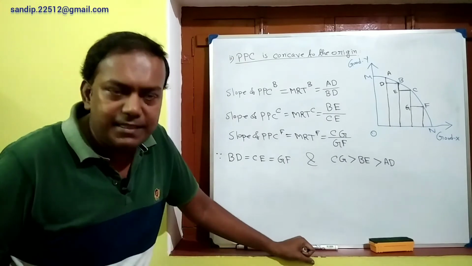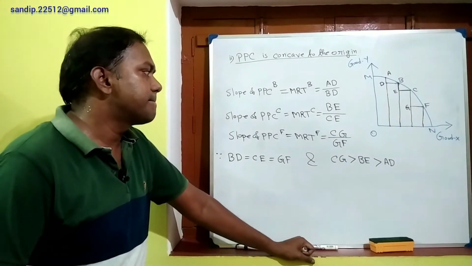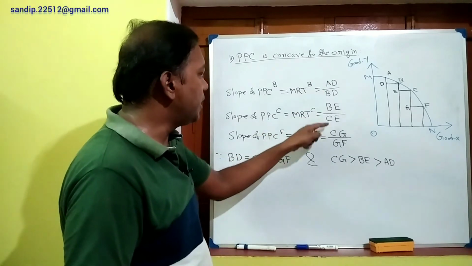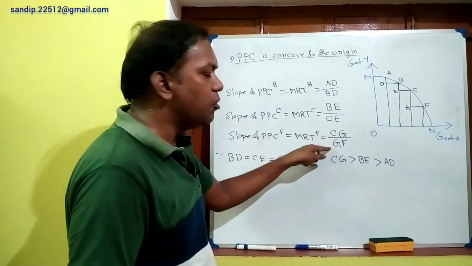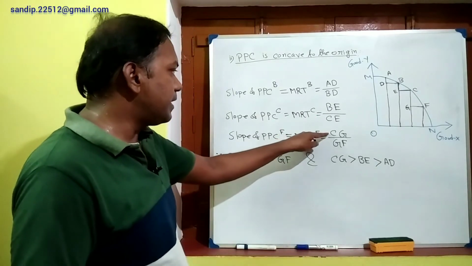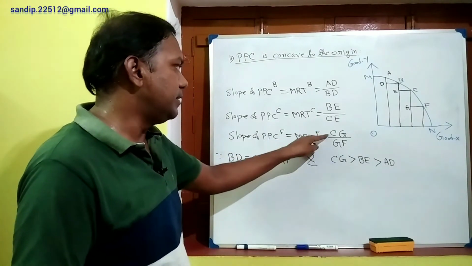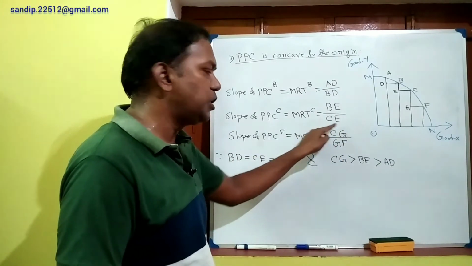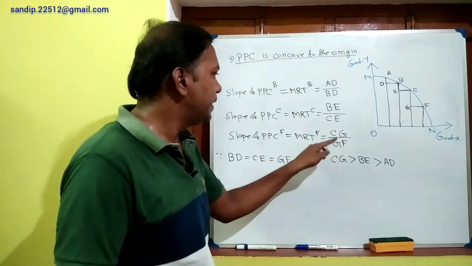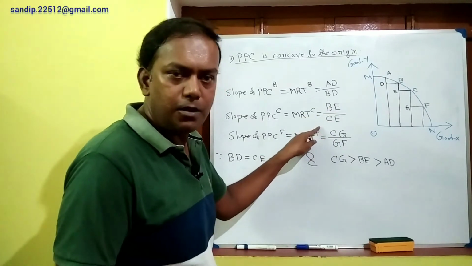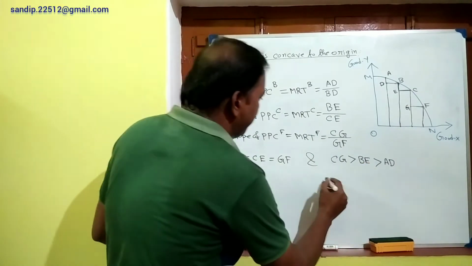So for these three ratios, all the denominators are equal, but the numerator CG is greater, so the value of this ratio will be greater than the value of that ratio, is it not?